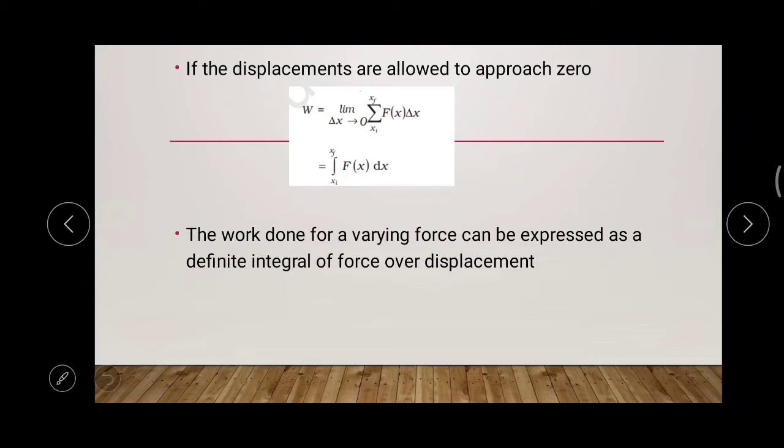Definite integral means there is a limit, between the initial point xi and a final point xf, and you take the integration of the force over the displacement. So that is another definition for the work done by a varying force. In the integration case, the displacement is approximately equal to 0.